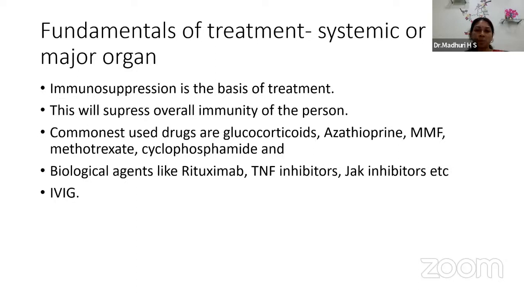There are newer immunosuppressants which are the biological agents. These are rituximab, TNF alpha inhibitors, JAK inhibitors, etc. Apart from these, even IVIG has a role in some of the conditions. Though it cannot be called an immunosuppressant, it is used in some of these serious cases.